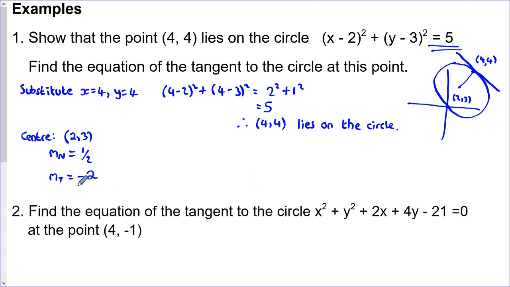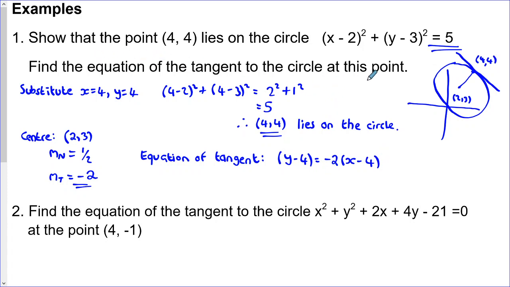And we've got everything we need now. We've got our m, we've got our coordinate. So the equation of the tangent we get from y minus y1 equals m x minus x1.